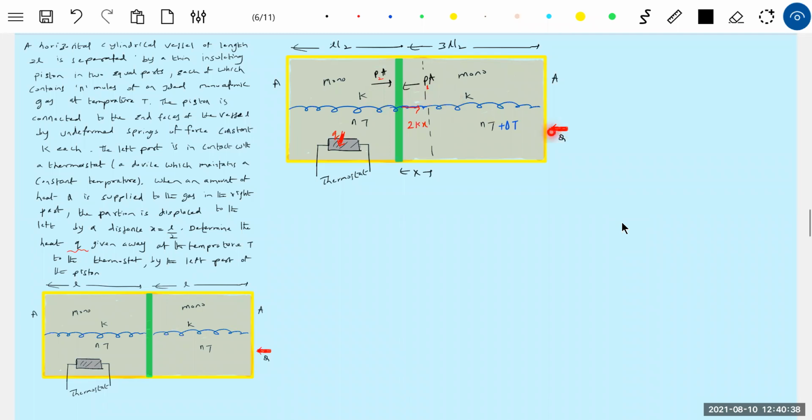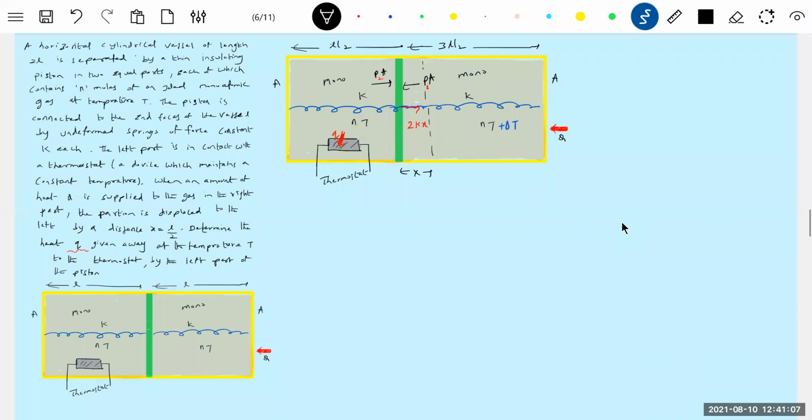Heat is supplied. Some mechanical work is done by the gas, and there's also a rise in temperature of the gas in the right part. There's no change in the temperature of the left gas, so the internal energy of the gas in the right part will increase, while that in the left part remains the same. Then there is the work done by the gas, and also work done by the spring force, so we have to bring all this, and heat will also be absorbed here.